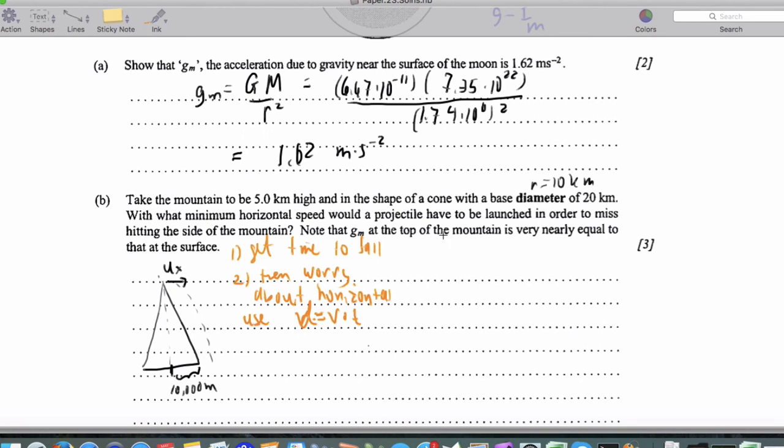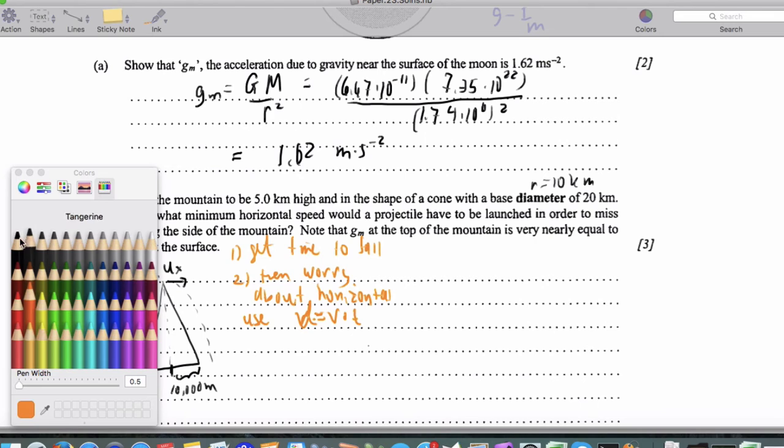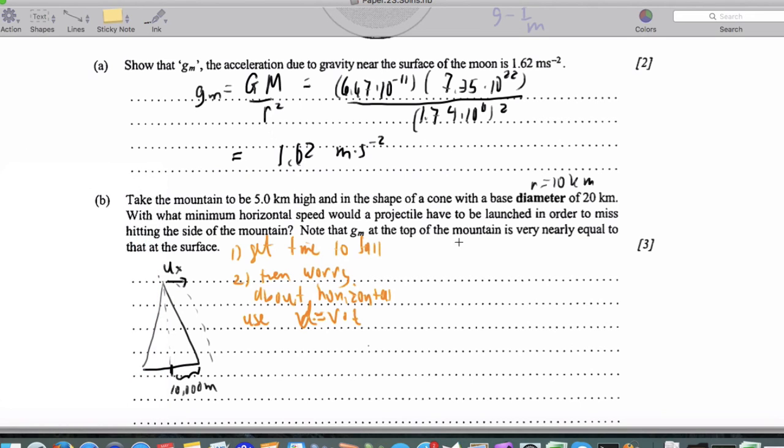So let's get the time to fall. To do that, we're dropping it from a height of 5,000 meters. So we got s equals 1/2 g on the moon t squared, 5,000 equals 1/2 times 1.62 times t squared, and t ends up being about 78.6 seconds.